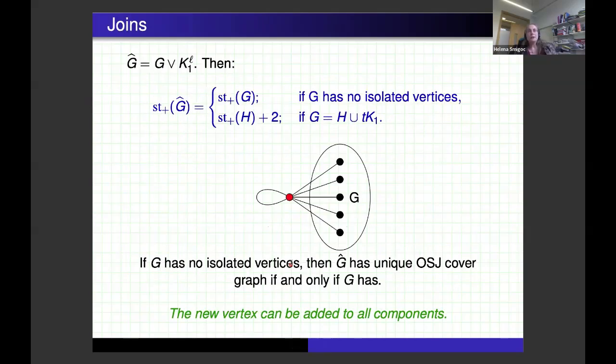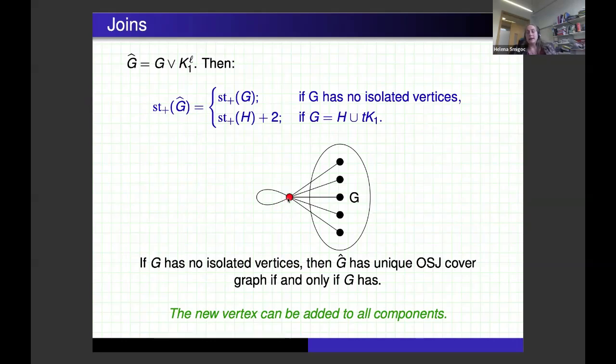Another operation that we can understand completely from the point of view of SNT-rank is adding a vertex, a join with the vertex. So I have a graph and I'm adding another vertex, and I connect it to every vertex in the graph G, and I add a loop to that vertex.